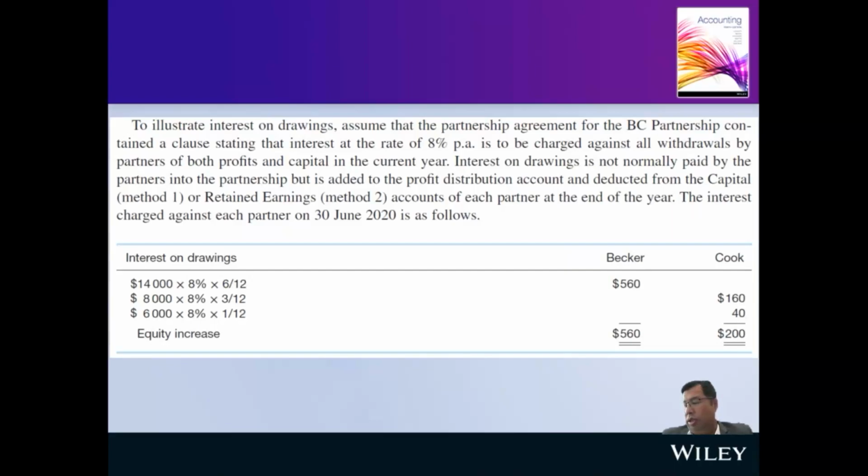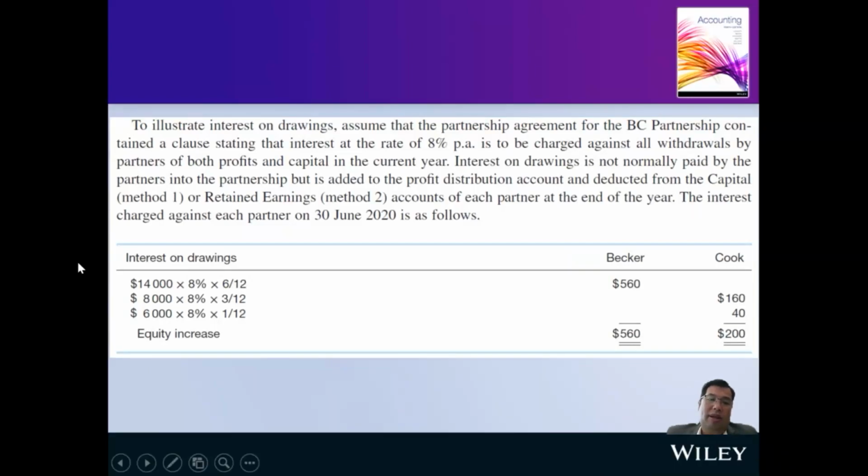So another important thing when we have this drawing is we're going to charge our partners with certain interest on that. So it will be the business income, but it will be expensed for each partner.